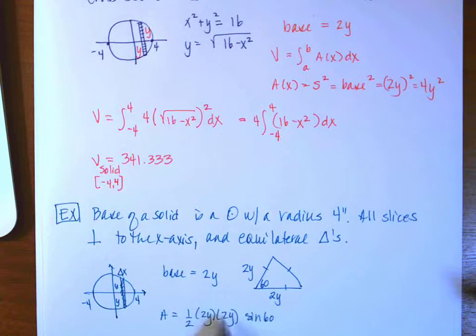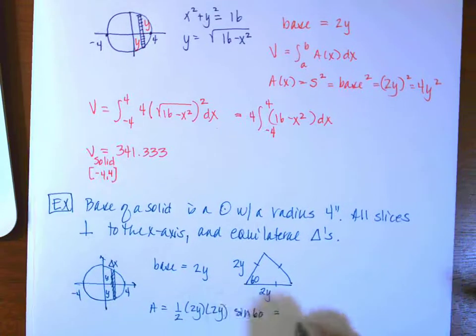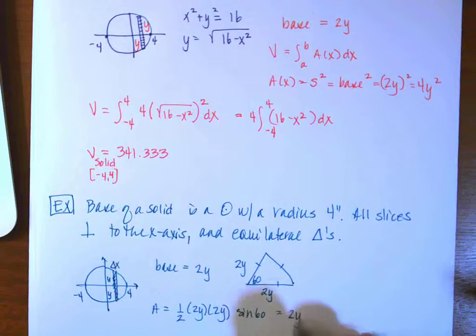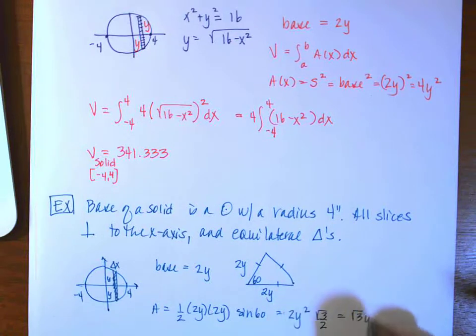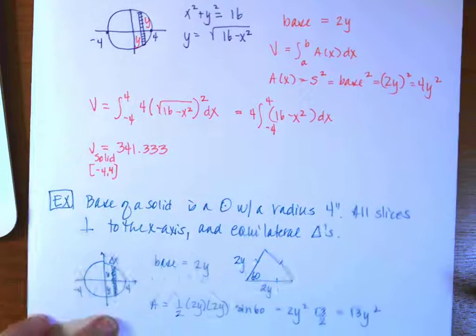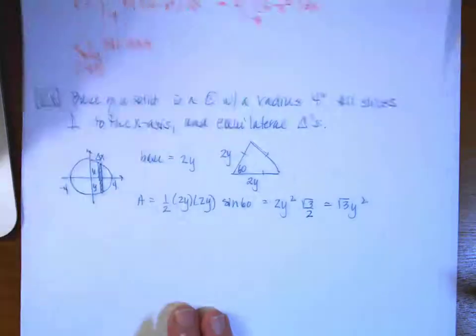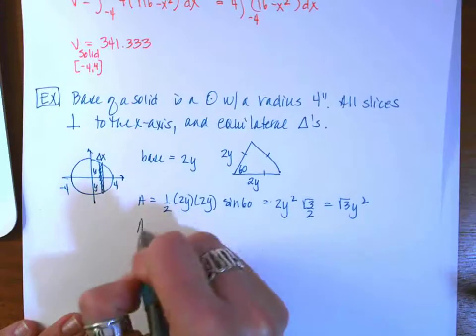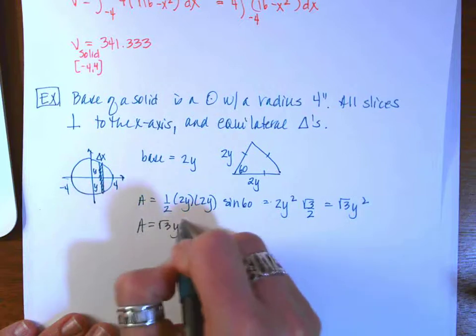So then the area is going to be 1/2 times 2y times 2y times sine of 60. So this is 4 divided by 2, which is going to be 2y squared. And then the sine of 60 is radical 3 over 2. The 2's cancel, so it's radical 3 y squared.